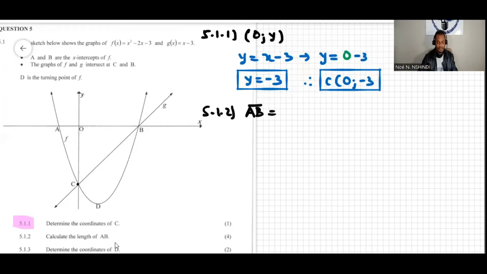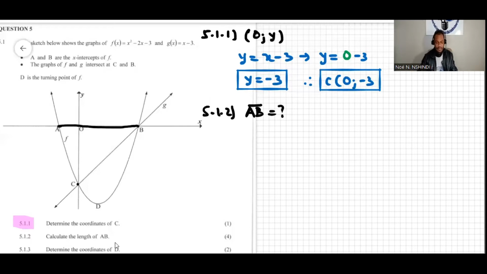A is here, and B is there, on this horizontal line. To find the length, we first need to determine the point A and the point B, and we can see they're both the x-intercepts of the graph of f.